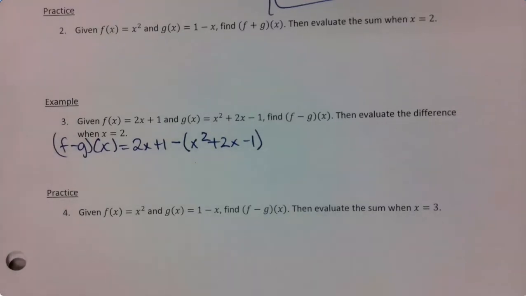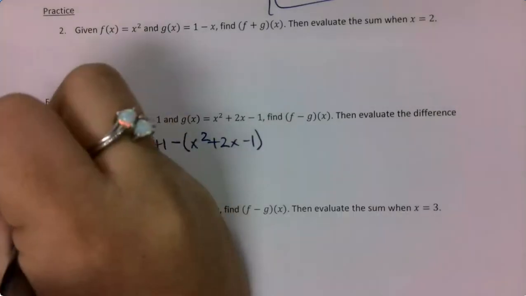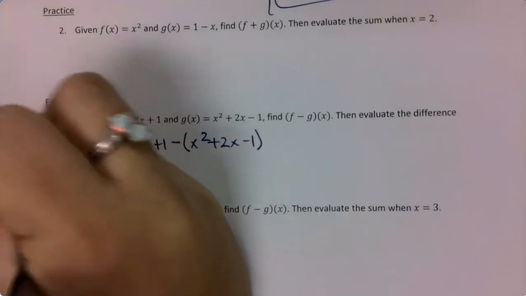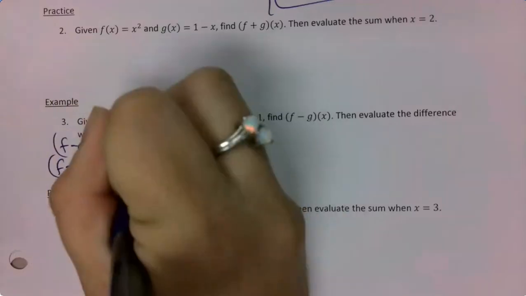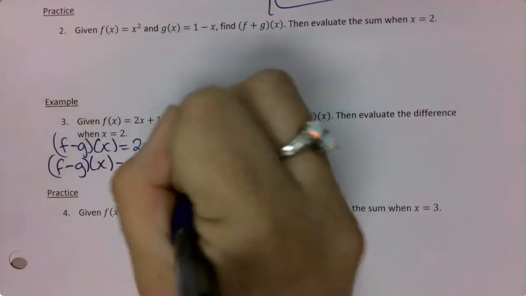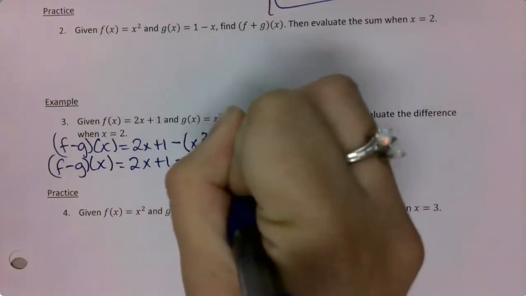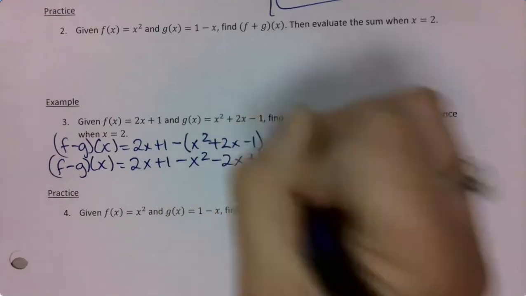Then I want to go ahead and distribute that negative. So it's going to give me negative x squared minus 2x plus 1.